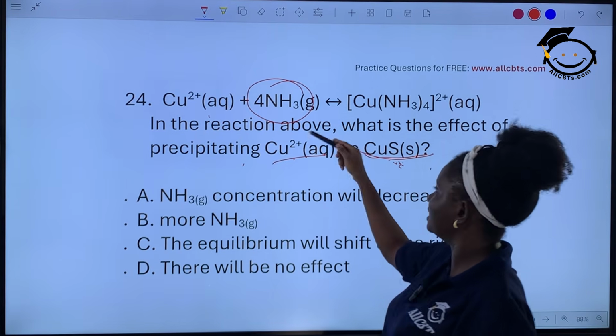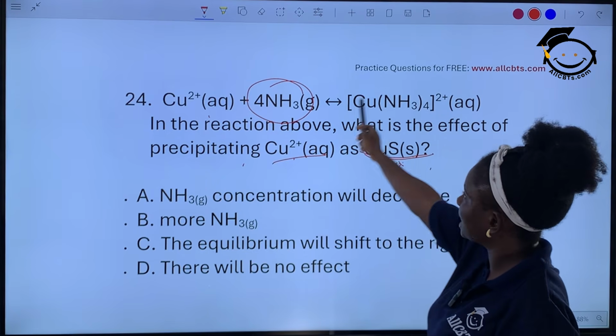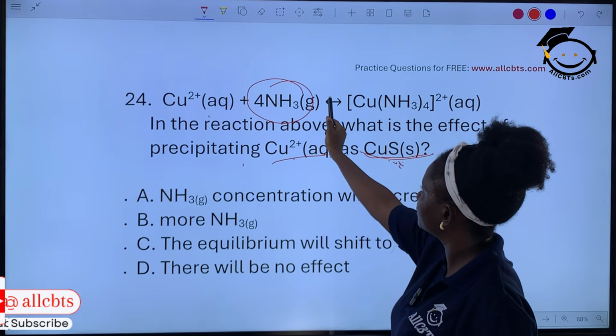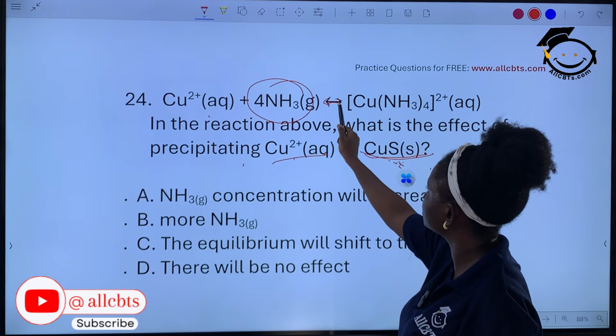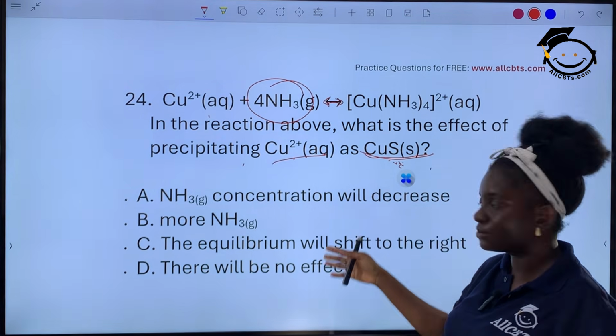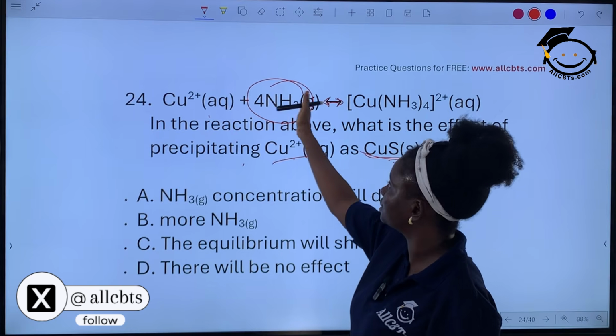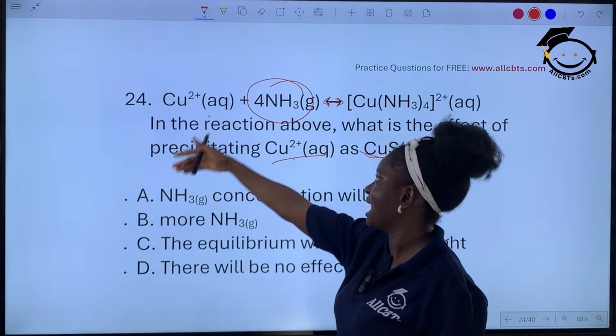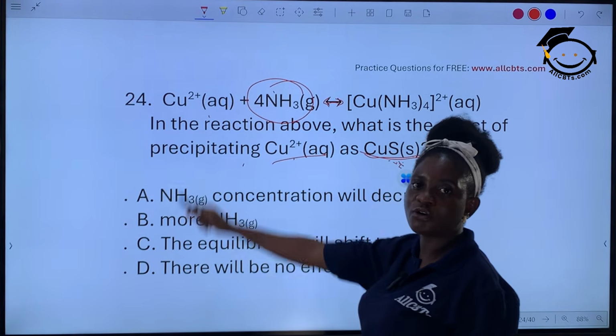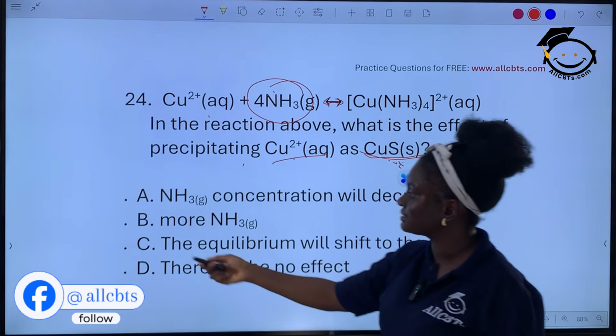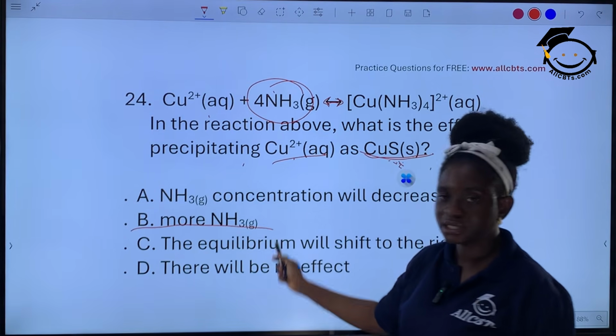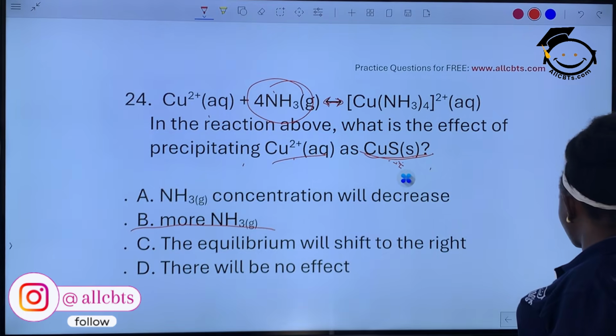So from my illustration, you can see from this side that there's an equilibrium. So the equilibrium will shift to the left side and there will be more production of ammonia. So that makes option B the correct answer, more ammonia.